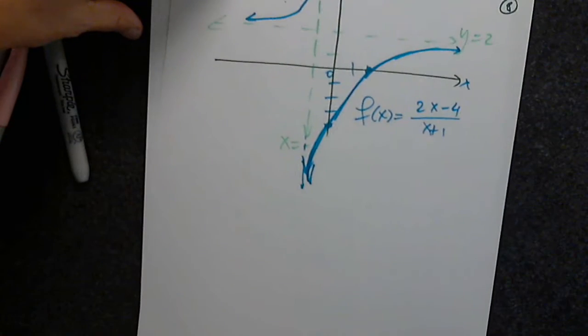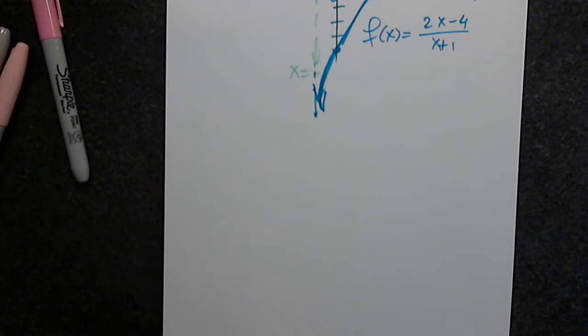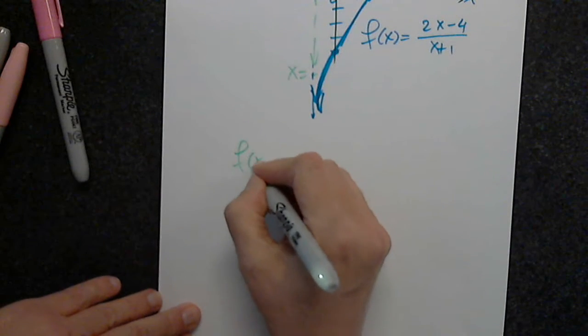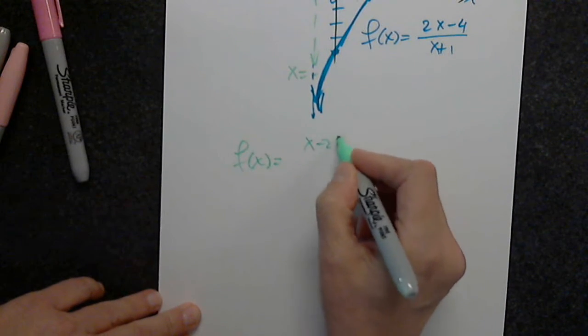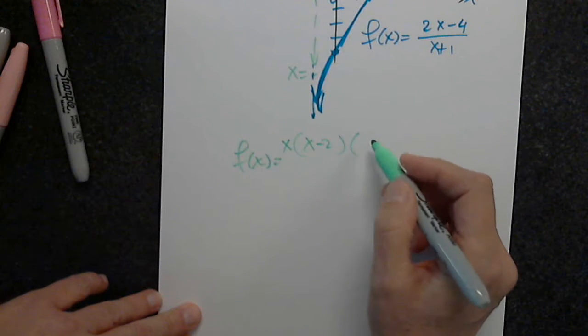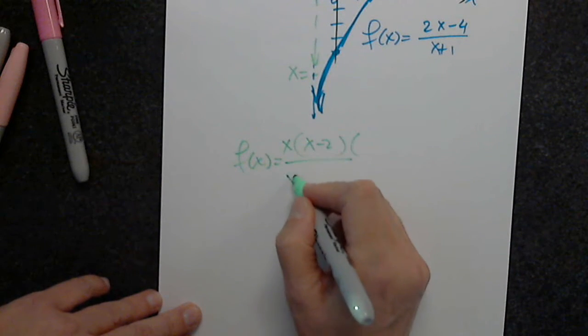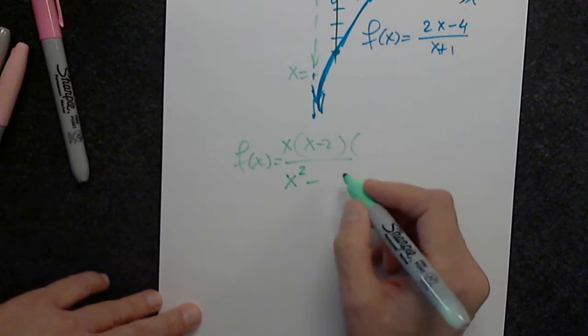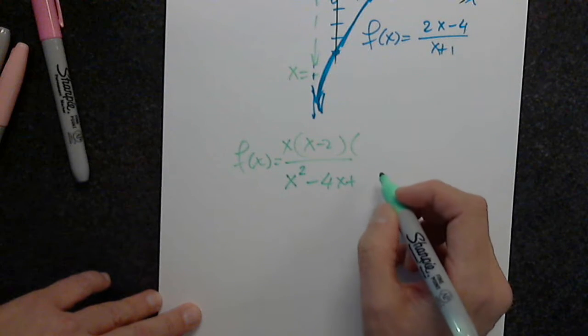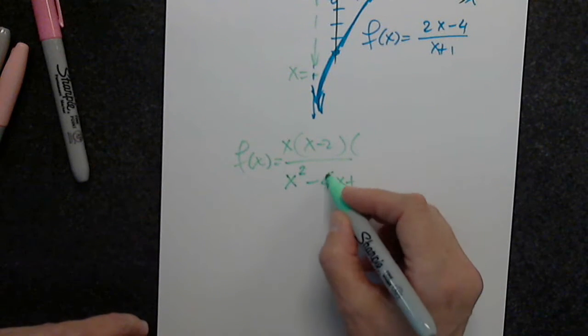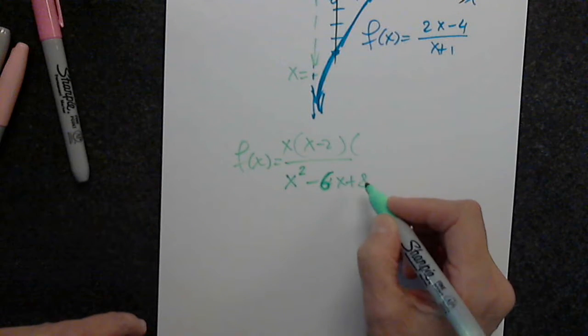I would like us to look at one function with a hole in the graph. For example, f of x equals x minus 2 and x in front, over x squared minus 6x plus 8.